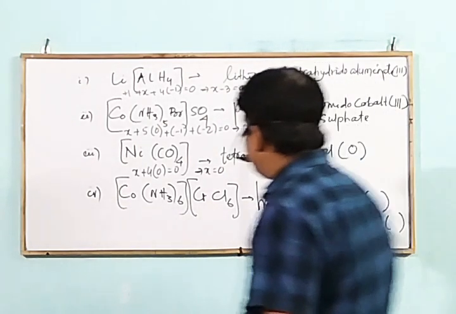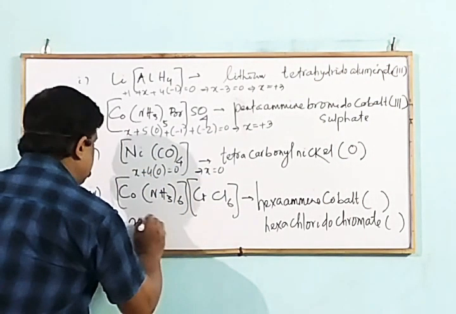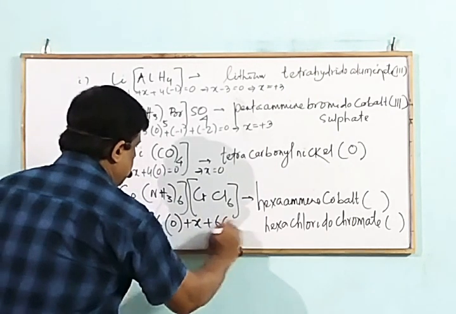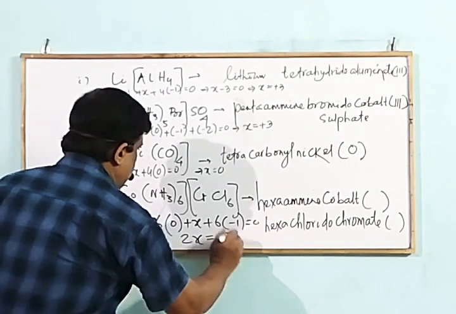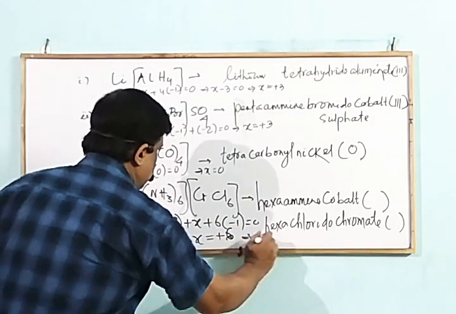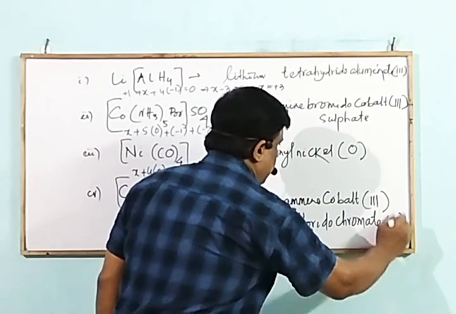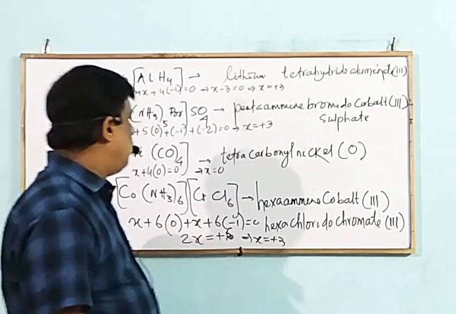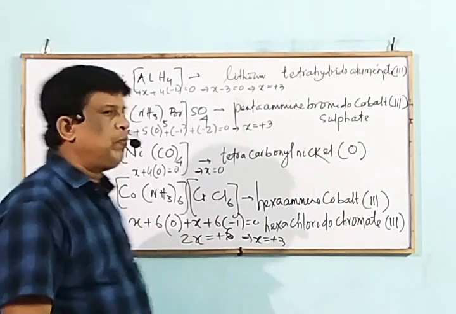We have to find out the oxidation number of the central metal atom, not known, let it be X. Plus 6 into neutral 0 plus X plus 6 into minus 1 is equal to 0. 2X is equal to plus 6, implies X is equal to plus 3. So it is III. Its name is hexaamminecobalt(III) hexachloridochromate(III).